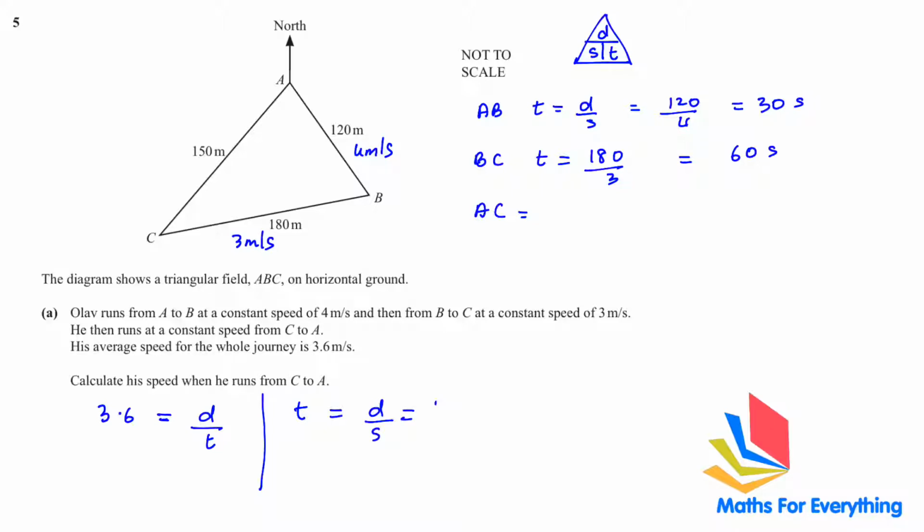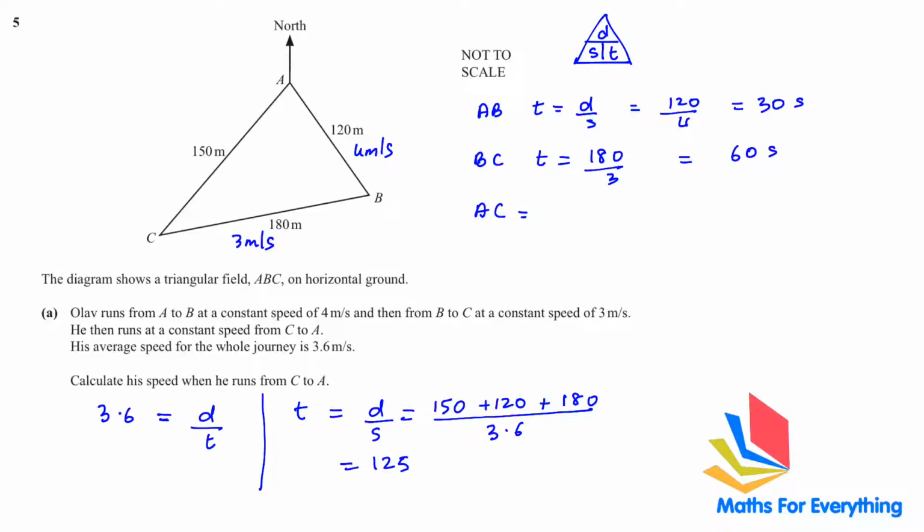Distance is our total distance, 150 plus 120 plus 180, over the speed, which is 3.6. We will get 125. That's the total time taken from point A, B, C and back to A.